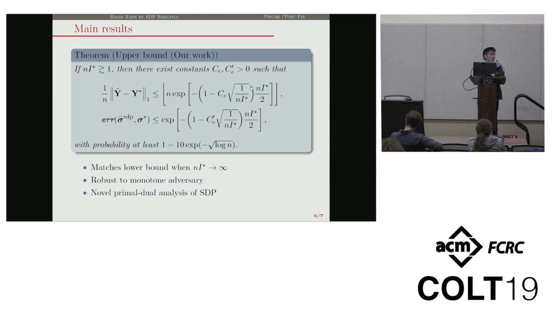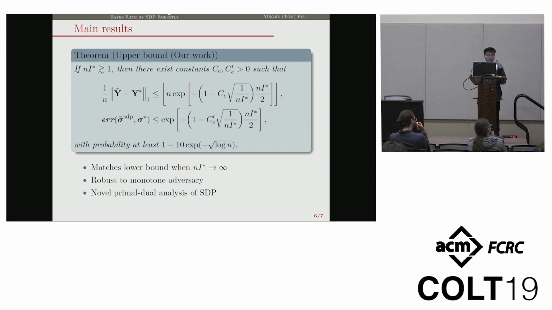Note that the right-hand side is taking the integer part, so as long as the quantity inside the bracket is below 1, it is actually 0. In that setting, we achieve exact recovery. For the original version, for sigma star, the right-hand side quantity matches the lower bound when n times I star goes to infinity.